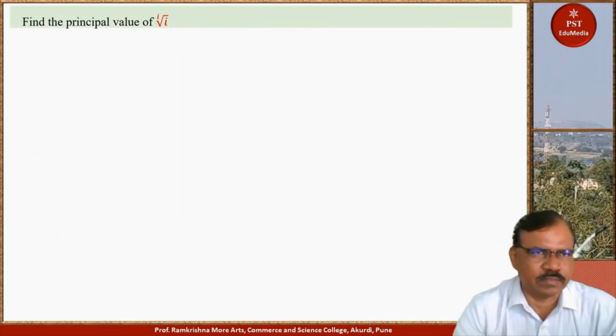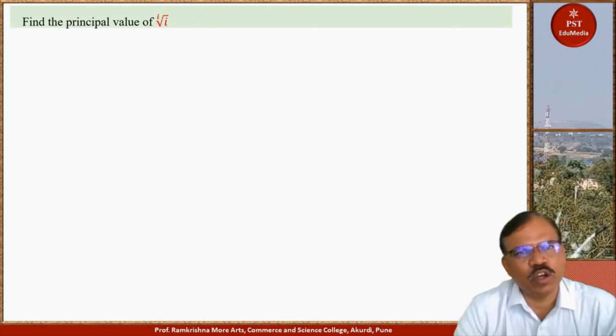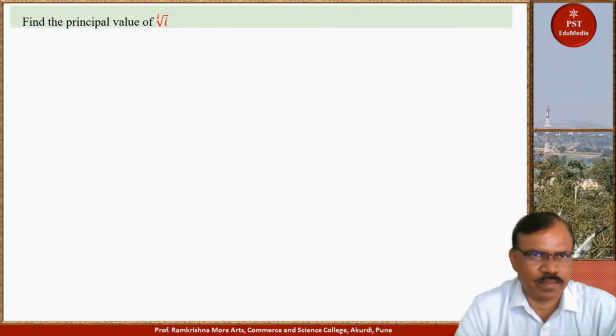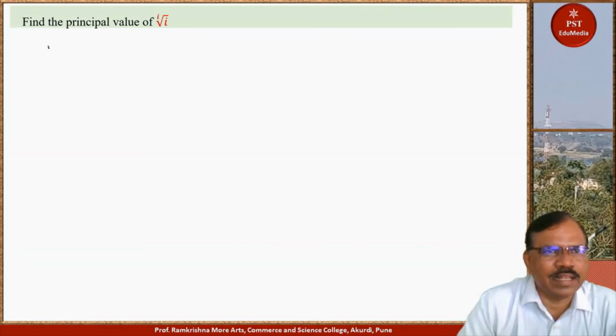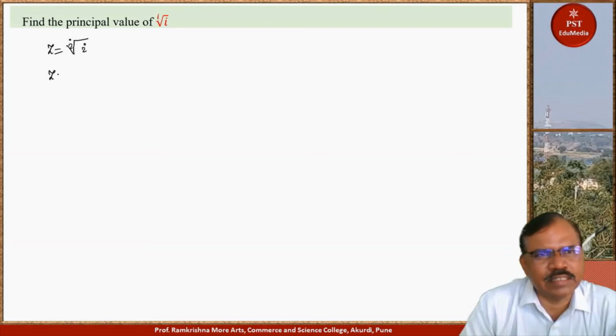Now let us take the next one. Find the principal value of ith root of i. So here I can take Z is equal to ith root of i, means Z is equal to i raised to 1 by i.